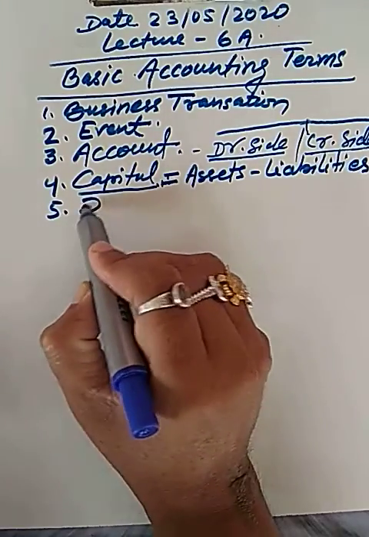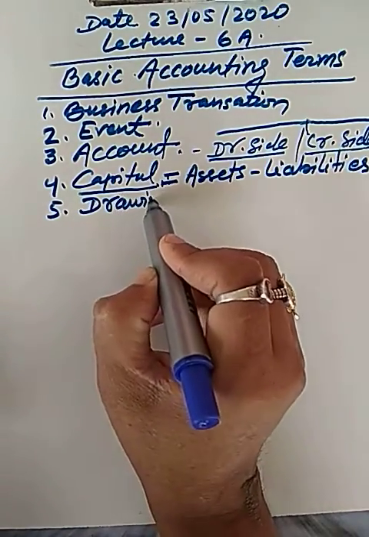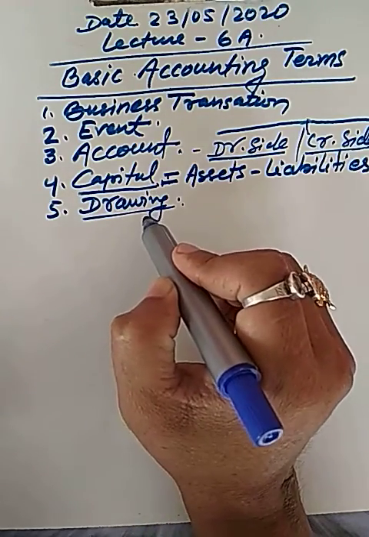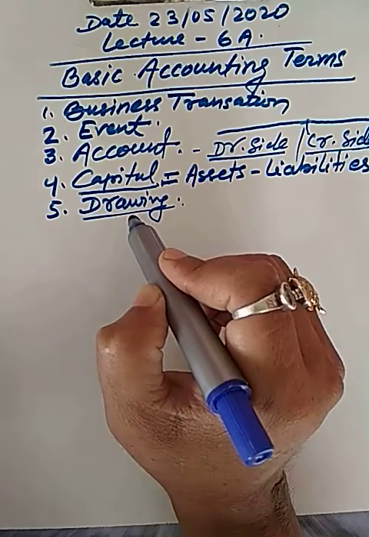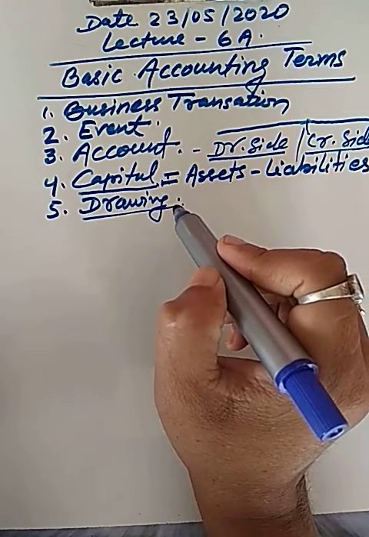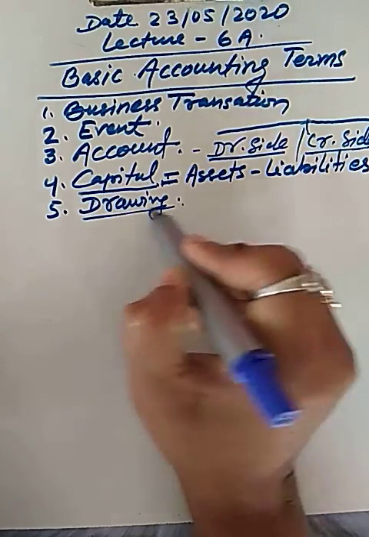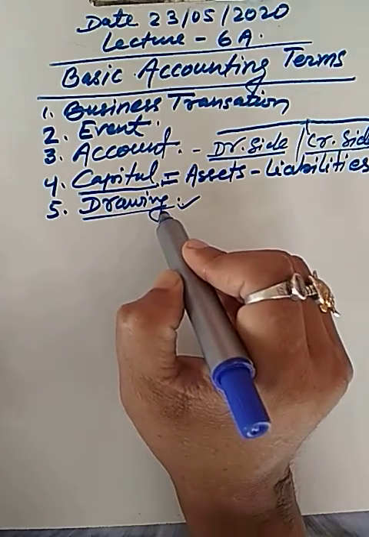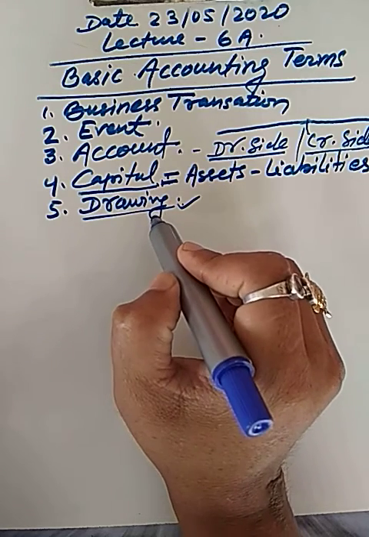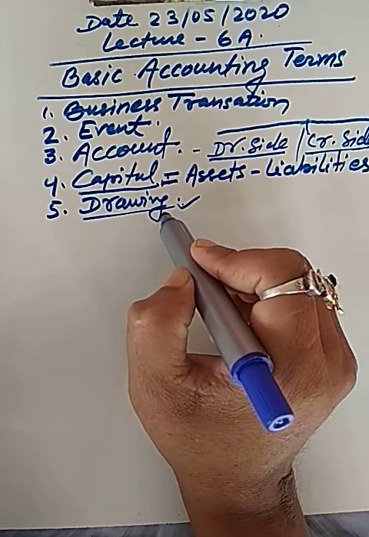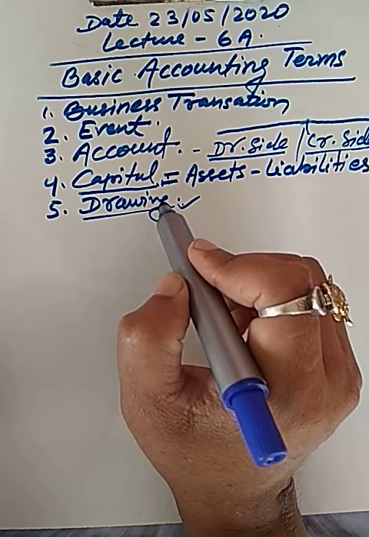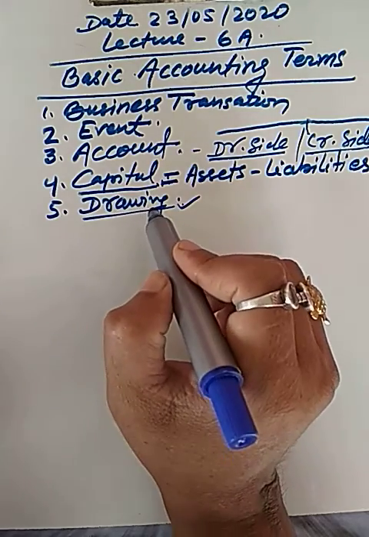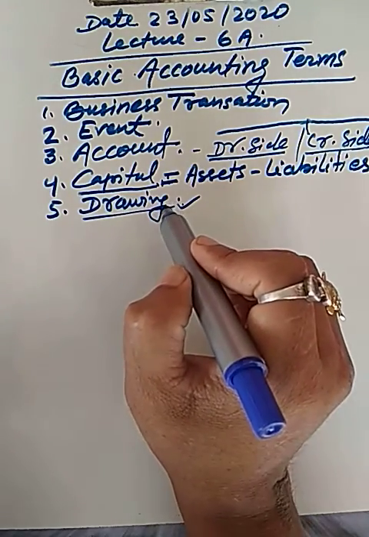The fifth point is drawing. Drawing means when the owner of the business withdraws some goods and cash for personal use from the business, this is known as drawing.